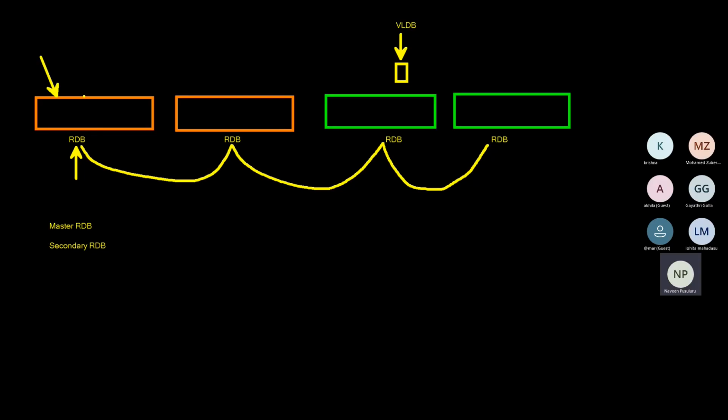We don't know in advance which controller will be elected as the master RDB, but when you configure the cluster, the first node you configured in the cluster will be elected as the master. That is the normal first-time setup, and the remaining three act as secondaries.